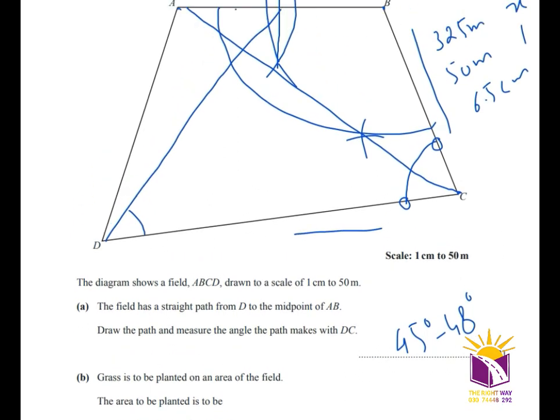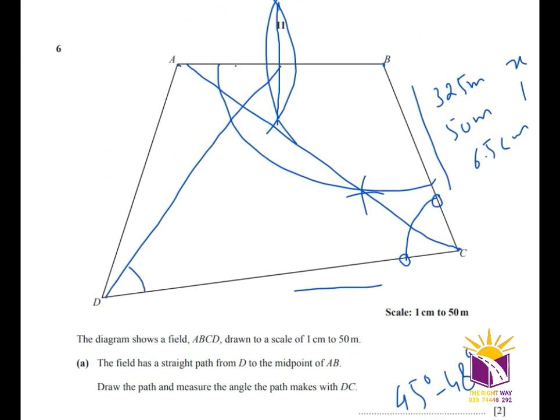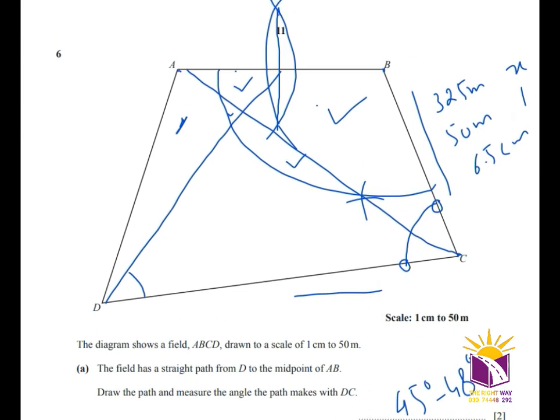It can only be on one side of the path. It could be either this side of the path or that side of the path, because our path is D to the midpoint of AB. So it is closest to B. It means that all this portion could be colored. It is closest to BC. So this portion, and this portion and this portion could be colored.